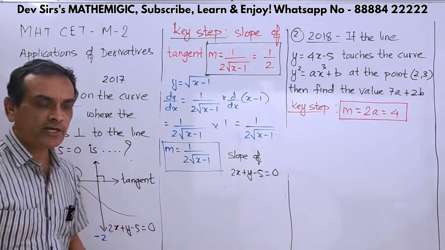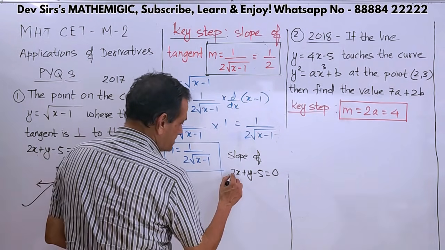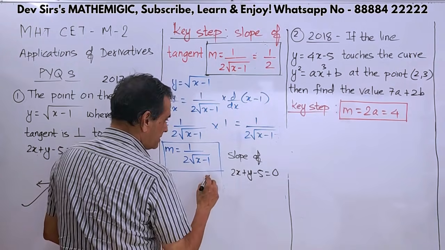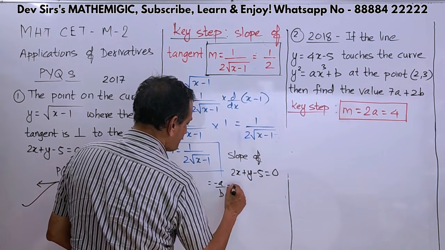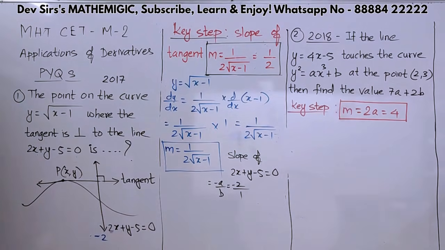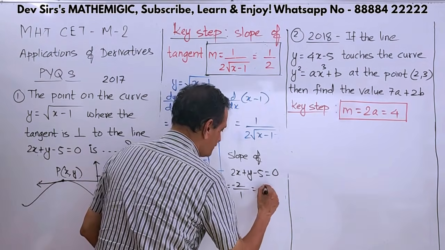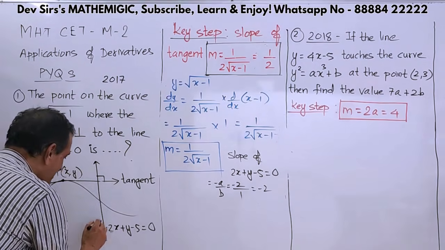We know the usual definition, minus a upon b. This is a and this is b. Y के सामने 1 है, that is b. So equal to minus 2 upon 1. Minus 2 upon 1 is minus 2. That is the reason that I have written slope of this line is minus 2.